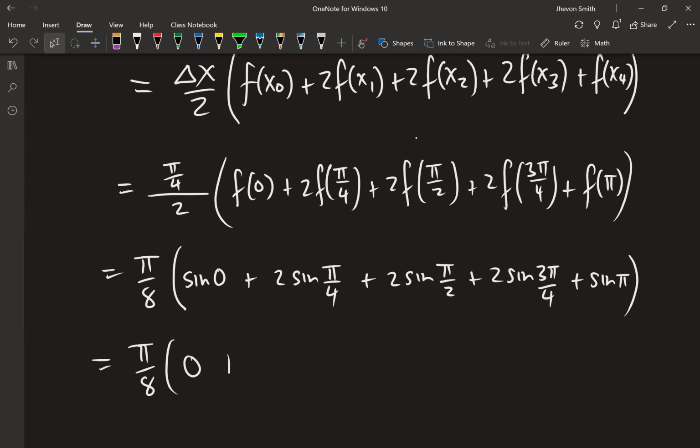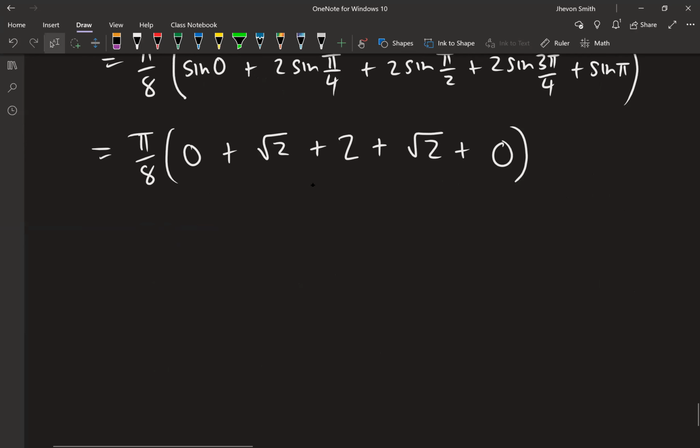Sine of 0 is 0. Sine of pi over 4 is radical 2 over 2. Multiply by the 2, you just get radical 2. Sine of pi over 2 is 1. Multiply by 2, you get 2. Sine of 3 pi over 4. 3 pi over 4 is in the second quadrant. All students take calculus, so that's also going to give you positive radical 2 over 2 times 2. Sine of pi is 0.